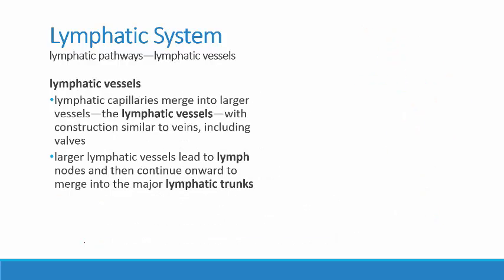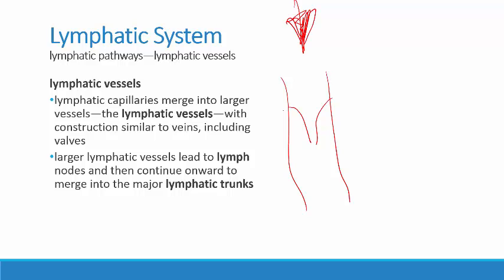So the lymphatic capillaries merge, just like we talked about the capillaries merging into venules. Lymphatic capillaries merge, forming the lymphatic vessels, and they have a very similar construction to veins. If this is now a lymphatic vessel, here's lymph that's coming from the lymphatic capillaries.